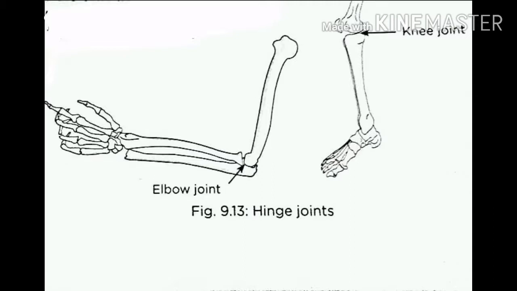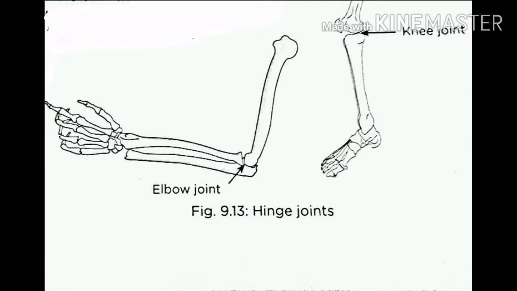The range of movement of this type of joint is only in one direction, that is up and down or backward and forward. These joints are present in the knee and elbow.